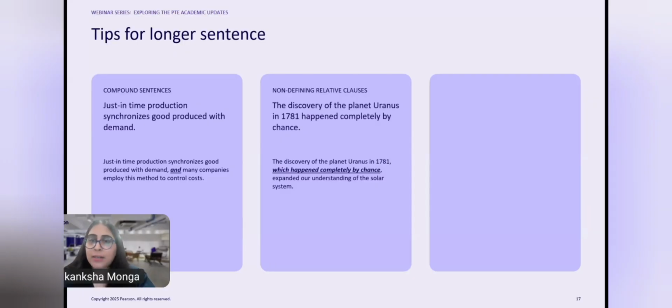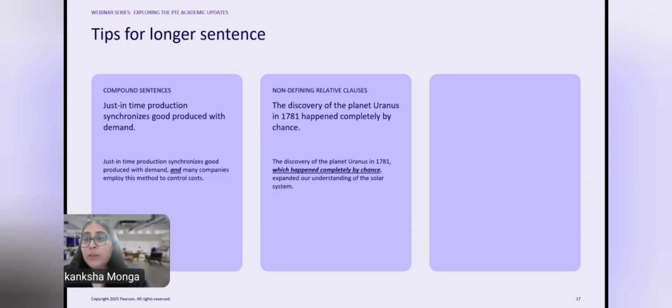So you start with the same sentence, the discovery of the planet Uranus in 1781. Now we have the rest of the sentence, but we've added the section in bold, which happened completely by chance. This is an example of a non-defining relative clause. We are using which because we're talking about a thing. The discovery of the planet is a thing, it's a concept. So which is the right relative pronoun to use here?